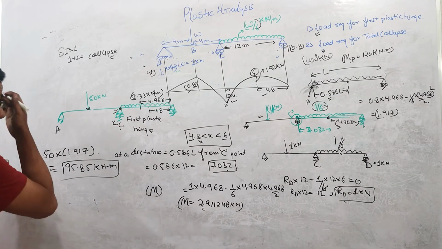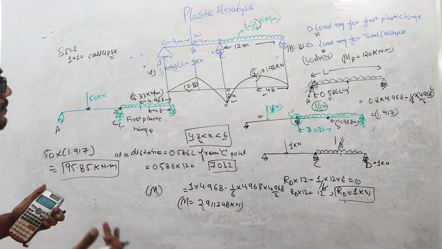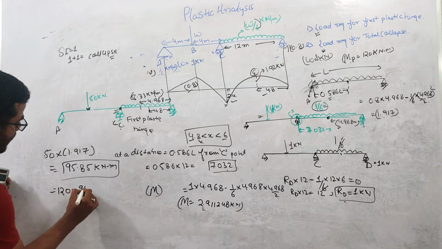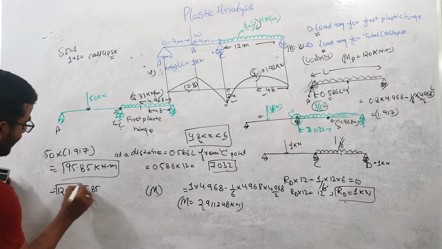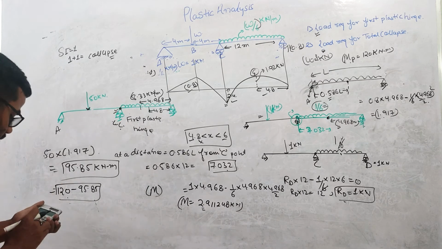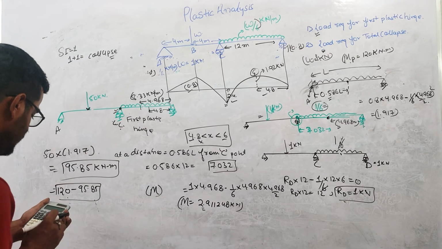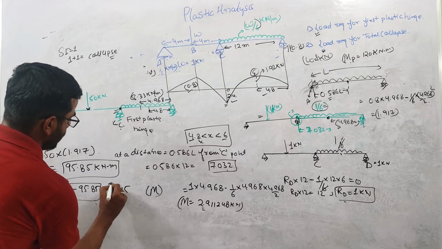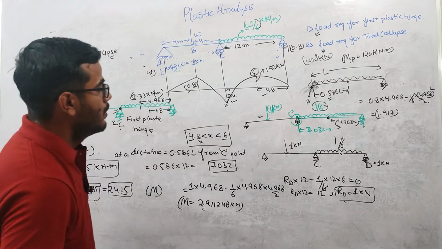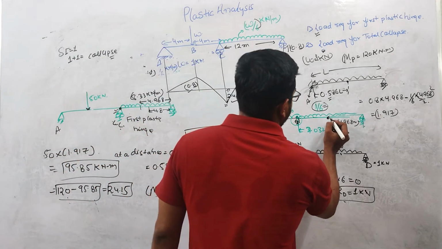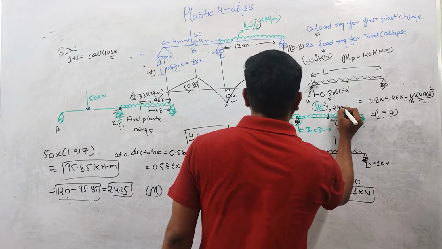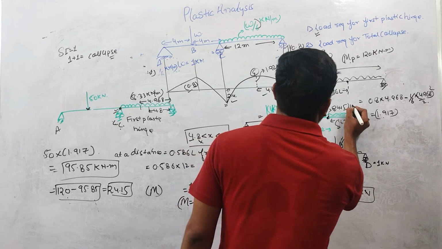Okay, so the extra moment which this beam can take will be 120 minus 95.85 after the formation of the first plastic hinge. So if you subtract, this value is 24.15. Now this portion where the second plastic hinge will form can take extra moment of 24.15 kilonewton meter.